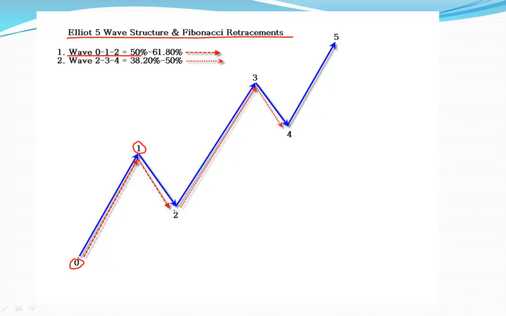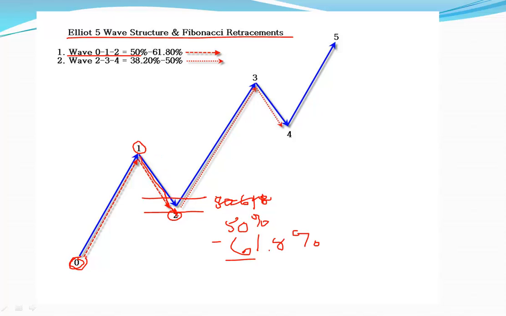Right off of this area, this many times is 50% to 61.8%. Remember? So off the market lows, it may come down that deep. It may even try to come down a little bit deeper. And that's where you look for that first higher low.